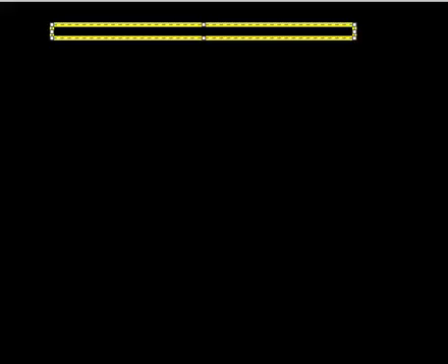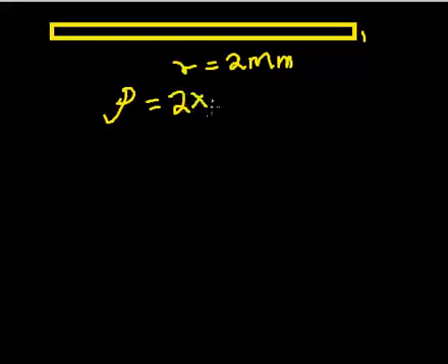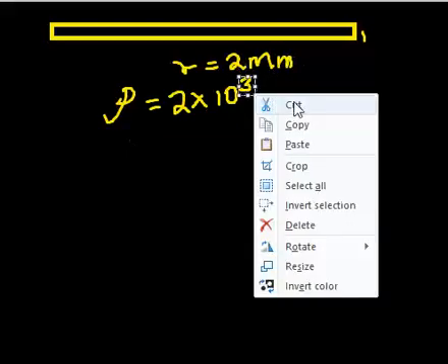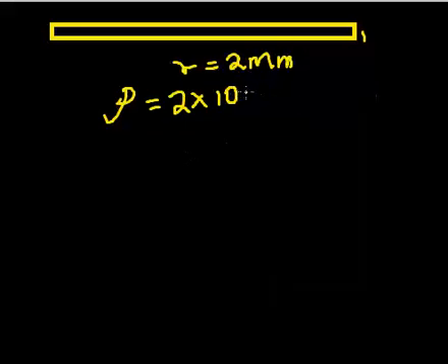So let's look at a typical example. Let's say you have a cylindrical conductor whose radius is, let's say, 2 mm, and it's a conductor with resistivity of, let's say, 2 times 10 raised to the power of minus 6 ohm meter.